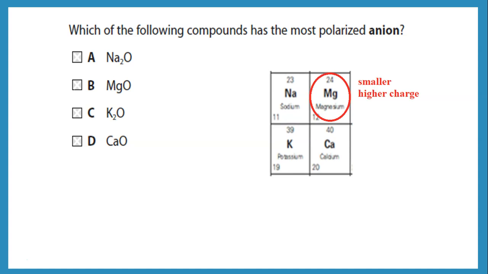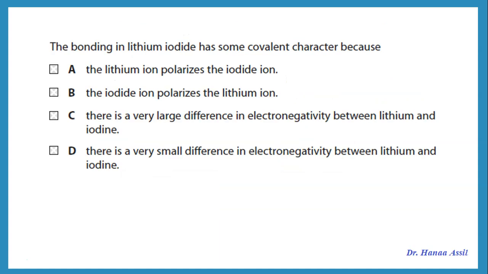So remember that comparing potassium, calcium, sodium, magnesium are smaller. Now, which one would be more polarizing? The one that has +2. So magnesium has +2. That would have more polarizing ability than Na plus.